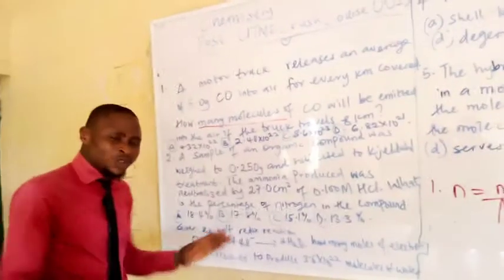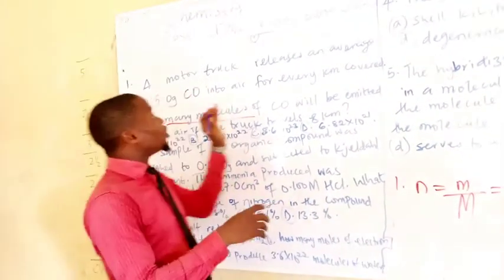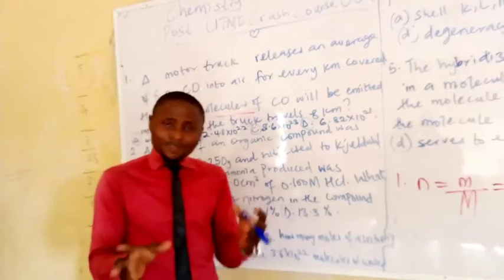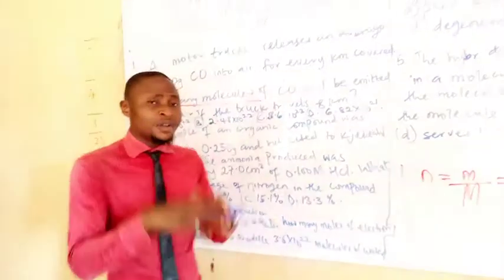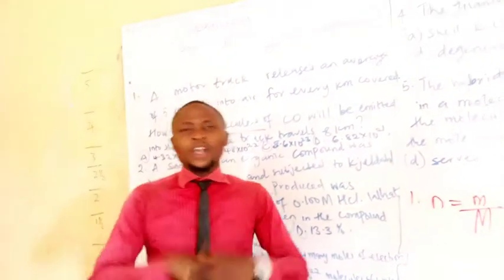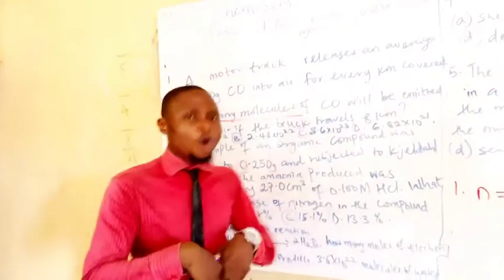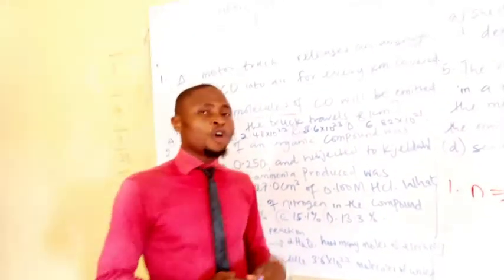Now, if you look at this question properly, it's an applied question, and I don't want to bother much on that. It's one of the environmental chemistry aspects, and that is why many of the chemists working in the environmental part of chemistry must have a sound knowledge of what we call pollution.